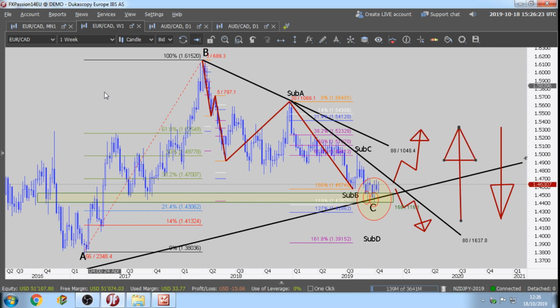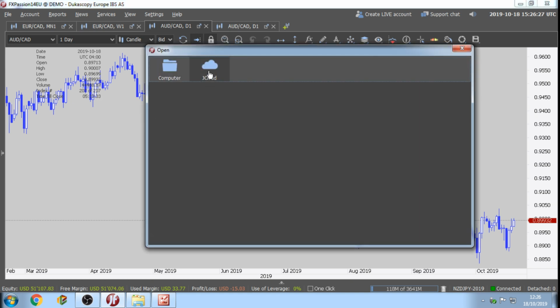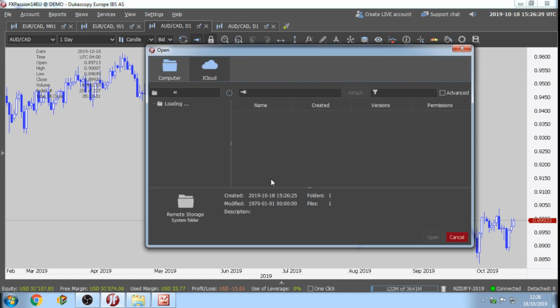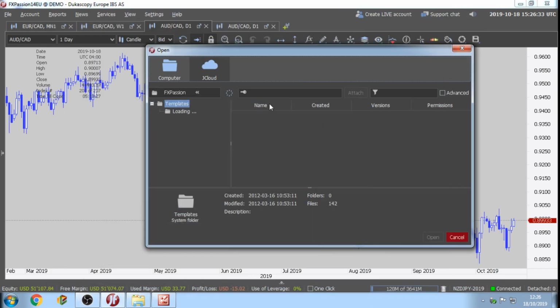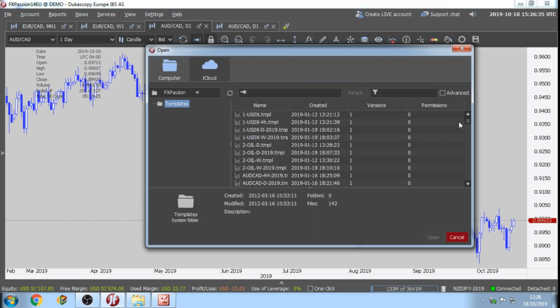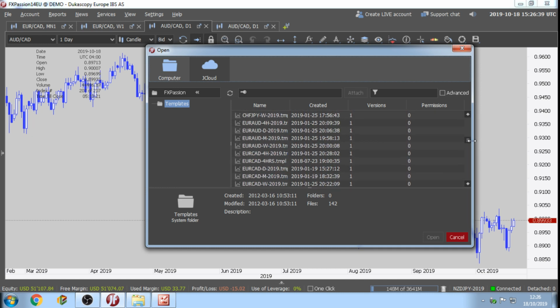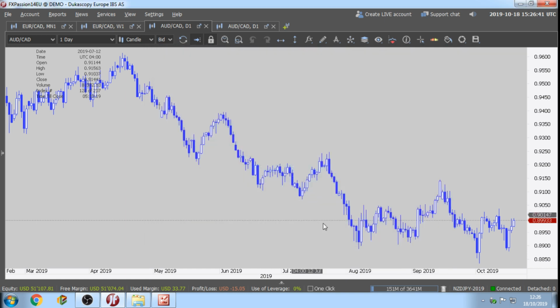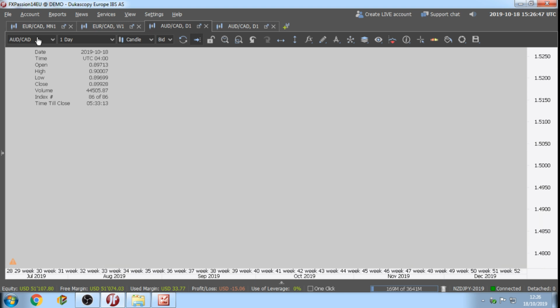Okay, so this is the weekly chart. Let's open the daily chart. Open template. Let's open the template. EuroCAD daily chart. EuroCAD daily chart. Open. We are going to delete the indicators.